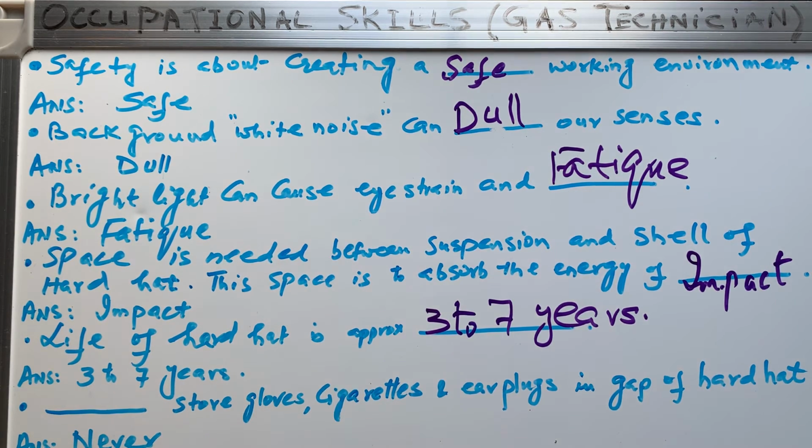So the next question is, many technicians or workers have the habit of putting cigarettes or earplugs or gloves into the gap of the hard hat, right, which is between the suspension and the shell. That gap is very important to absorb the energy of the impact, and people put gloves into that gap.